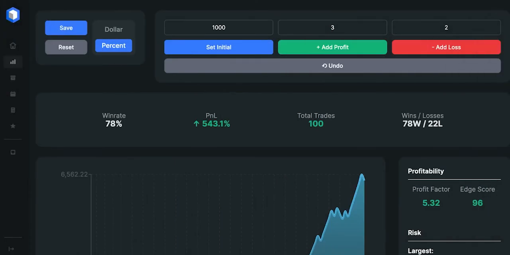The win rate for the strategy is 78%, which is insanely high. The profit and loss is extremely high as well. We can see that we gained over 543% of profit on our account.